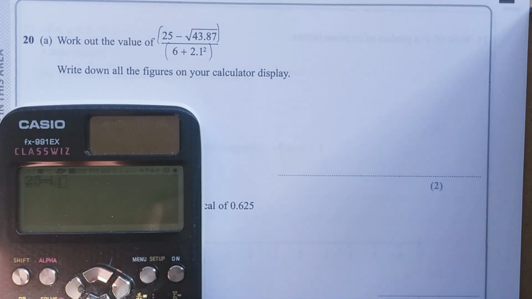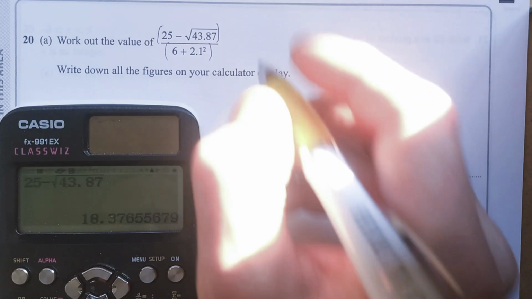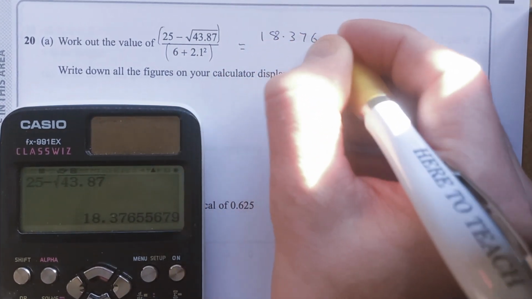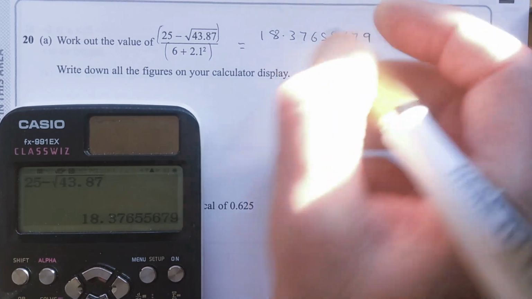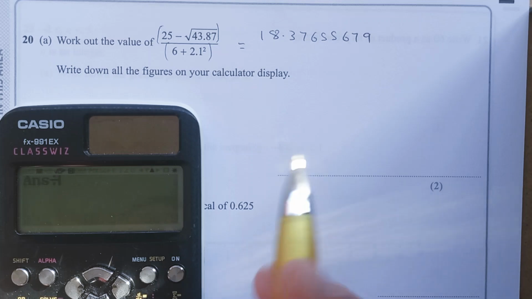So 25 minus the square root of 43.87. Okay, so that's going to be the top. 7, 6, 5, 5, 6, 7, 9. I'm just doing it like this for now. And in fact, what I can do is I can now say divided by, so I've done the top.